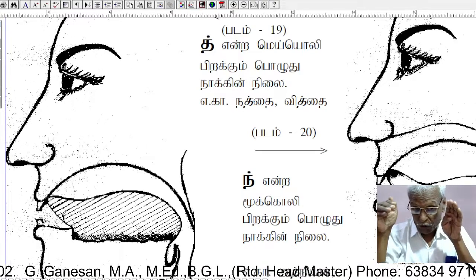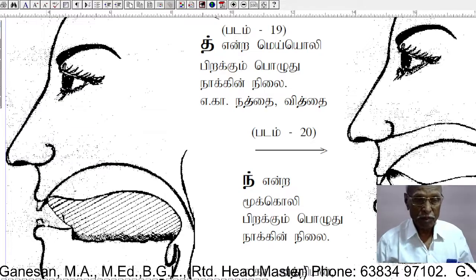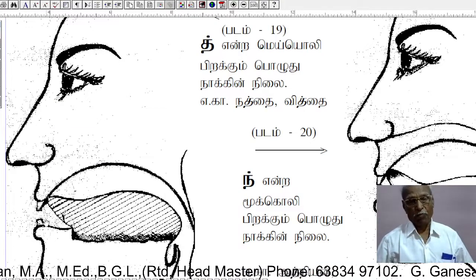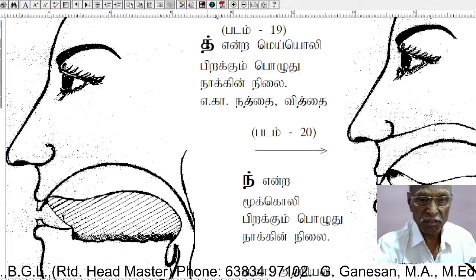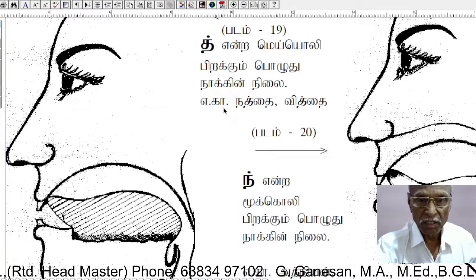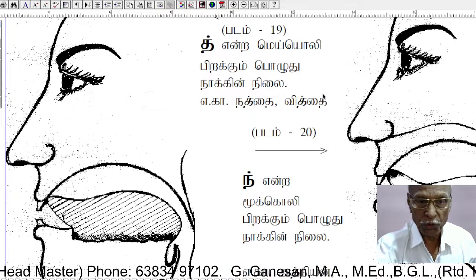The blocked air escapes, making this sound. Examples: nattai, vittai.